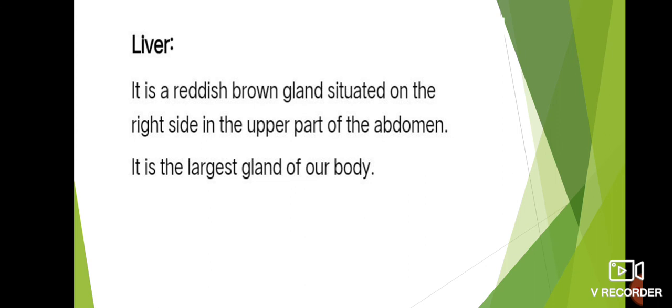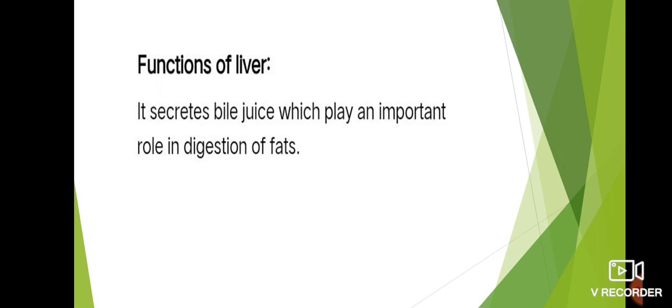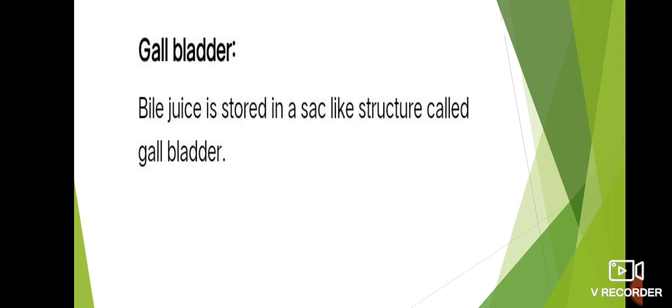Next part is the liver. It is a reddish brown gland situated on the right side in the upper part of the abdomen. It is the largest gland of our body. Functions of the liver. It secretes bile juice which plays an important role in the digestion of fats. Gallbladder.